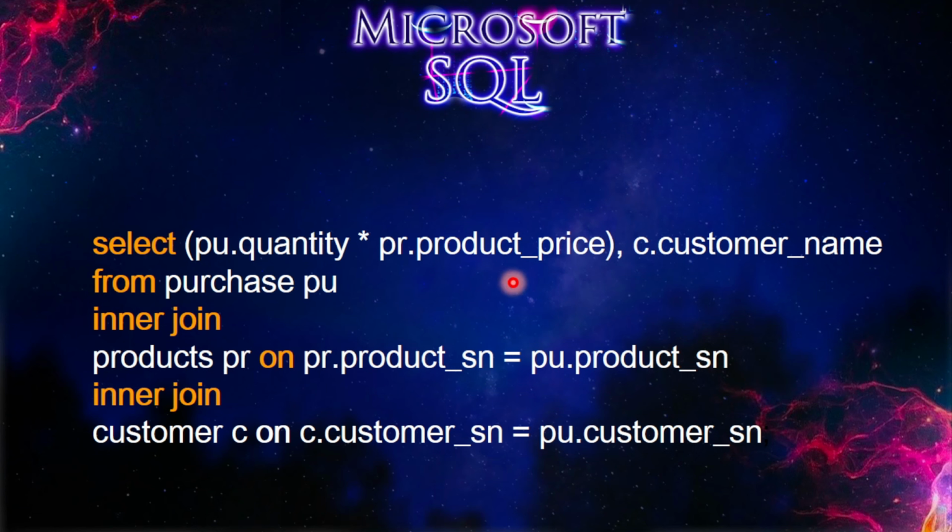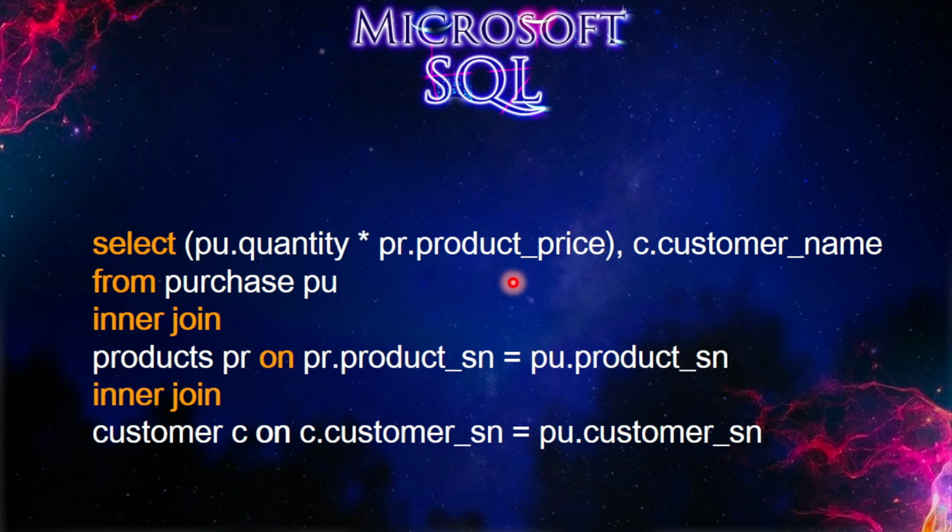Inner join customer C on c.customersn equal pu.customersn, where the customer serial number in customers is equal to 100. So it will get me where the customer serial number is equal to 100, which is a specific customer.